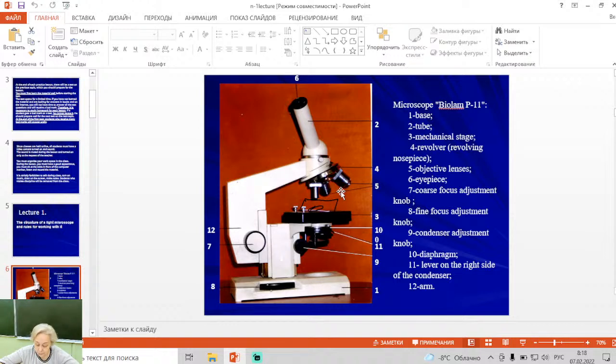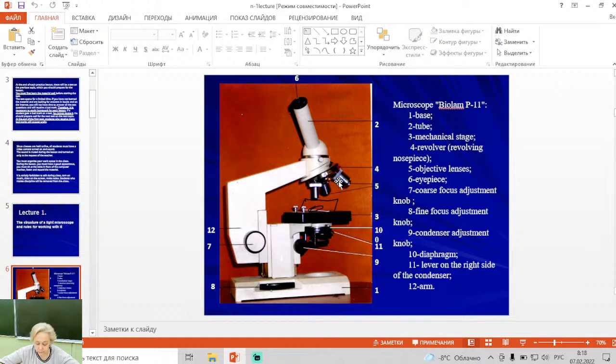There are small magnification lenses, for example times 8, high magnification lenses, times 40, and the immersion lens used for the study of the smallest objects, for example times 100. There may be other magnifications on the lens in other microscopes.